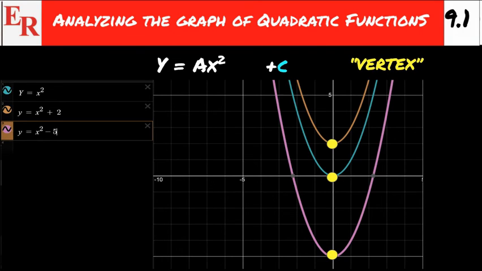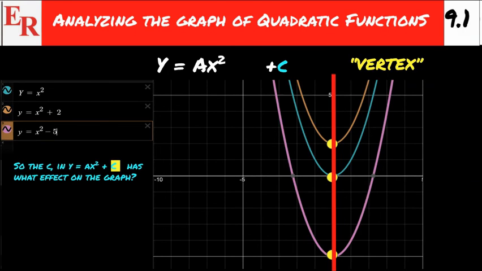Those yellow dots are called the vertices or the vertex of each parabola. And so we can see the effect that adding 2 and subtracting 5 did. It slid that vertex up and down the y-axis, which we're going to later be calling the axis of symmetry.